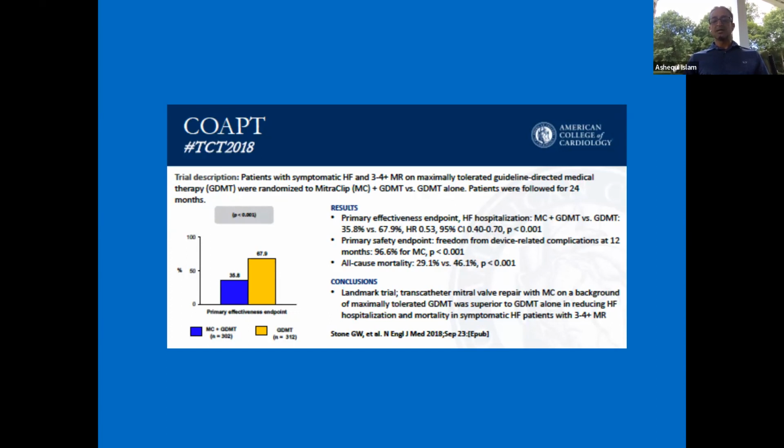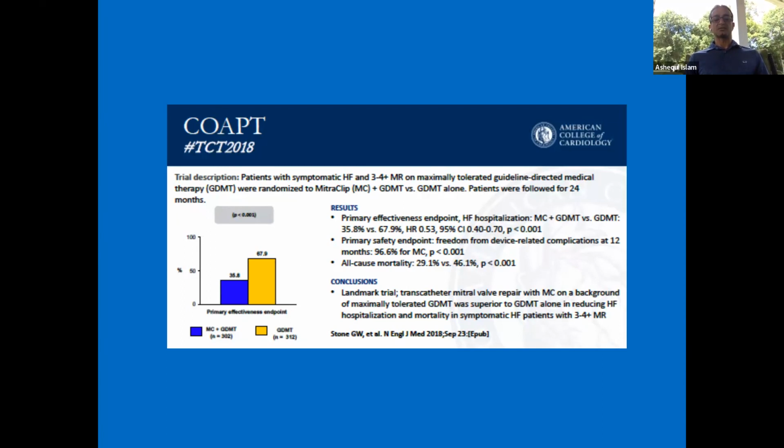So it has to be done under the background of guideline-directed medical therapy. What does that mean? If you look at the ACC/AHA guideline, that includes beta blocker, ACE inhibitor, ARB, Entresto, Aldactone, all those drugs, whenever tolerated, at least for 3 to 6 months, as well as, if left bundle branch block QRS complex is present and the patient still has heart failure symptoms, they should be considered for CRT.